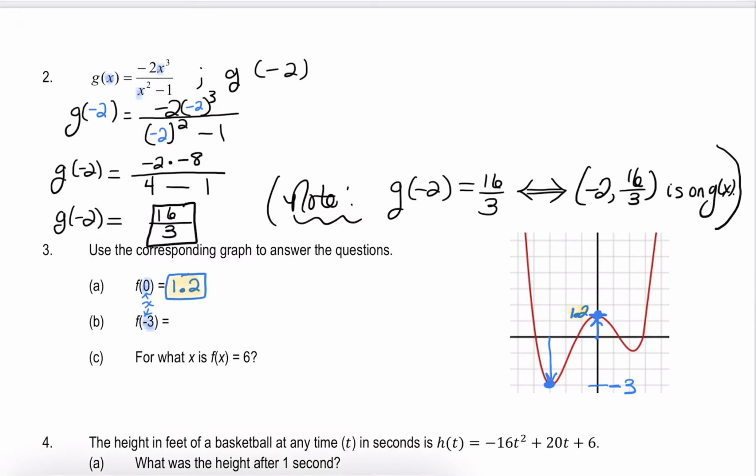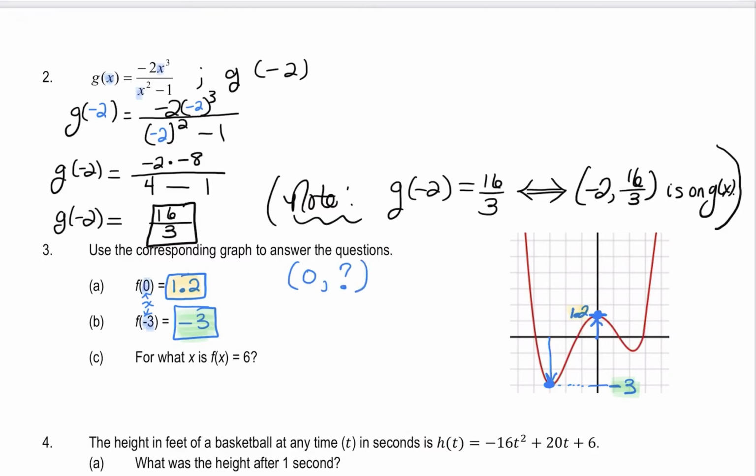So when x was equal to negative 3, it looks like the y is negative 3. That means when I sub in negative 3 for x, I got back negative 3 for the y. These are the same thing. If it's easier for you to think of it initially, it's like saying complete the ordered pair.